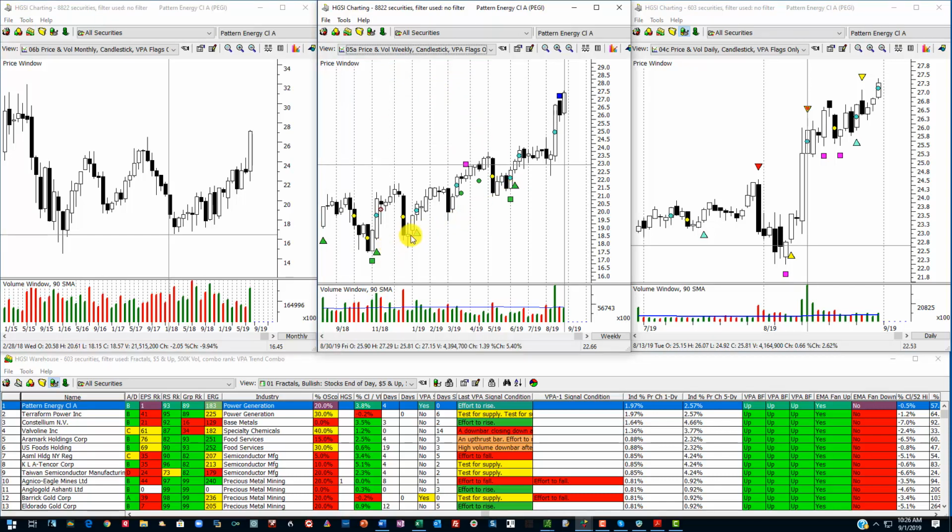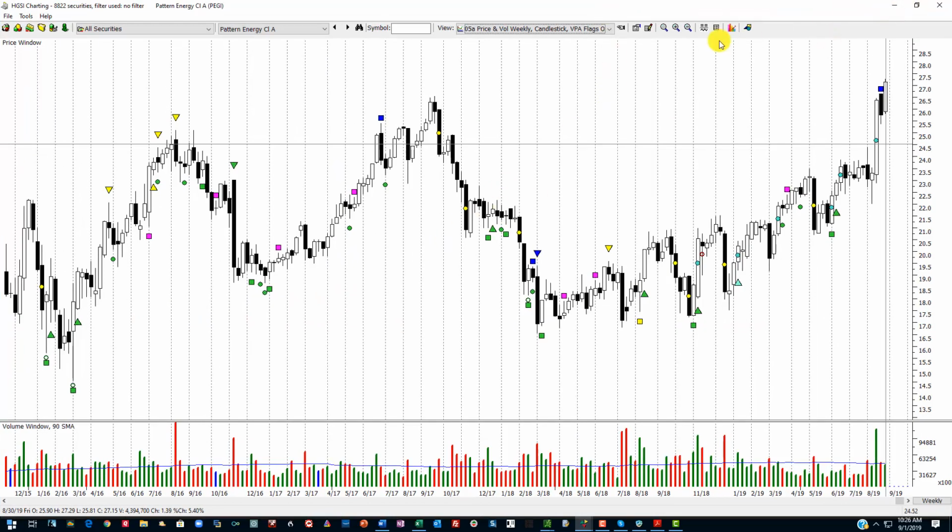And you can see that there are multiple VPA bullish signals on this weekly chart. Now, this chart has no VPA signals because HGSI needs 120 candles or bars to compute the VPA. So it begins on the weekly chart here.